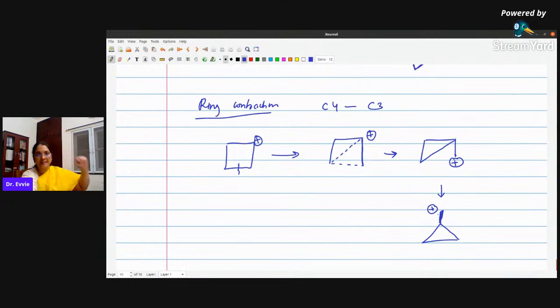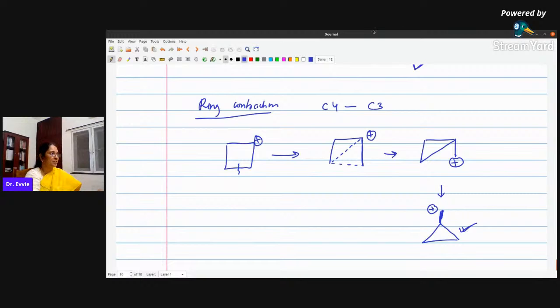I gave you a list of the stability order. As I told you, this is the most stable carbocation, very, very stable. So it has formed the highly stable carbocation, and this is how the product will be.